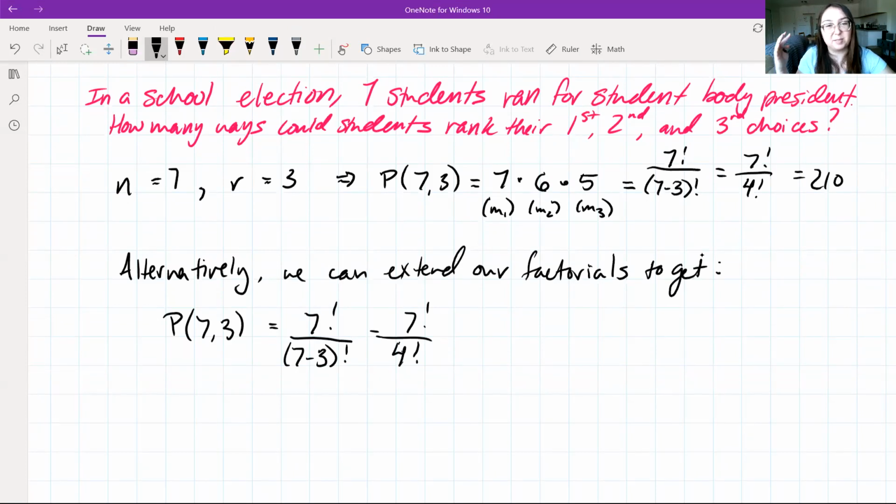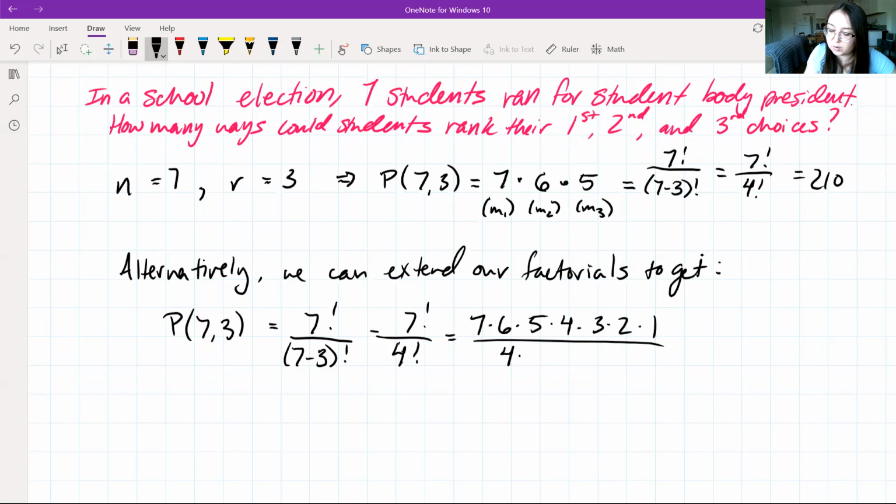We want to take away our exclamation points, and we're going to have them go from 7 multiplied down to 1 for our numerator in this case. So we have 7 times 6 times 5 times 4 times 3 times 2 times 1. Now we want to extend our denominator, which is 4 factorial. So we're going to extend out our 4 factorial. This is going to give us 4 times 3 times 2 times 1.